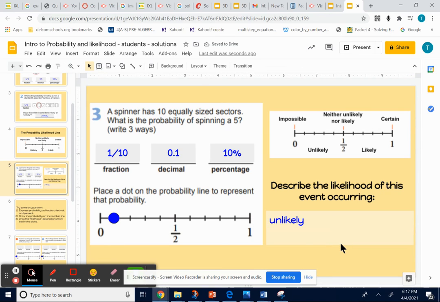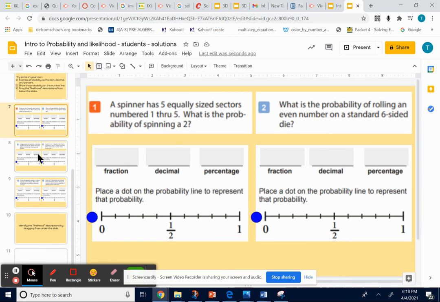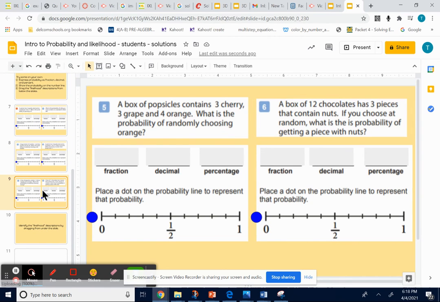Hey guys, do your best on this. Go back to the slides we just talked about. Let me know if you have any questions at all. But you're basically just doing more of the same. You're going to have 3 slides with problems where you find the probability as a fraction, decimal, and percentage, and place a dot about where it would be on the number line.